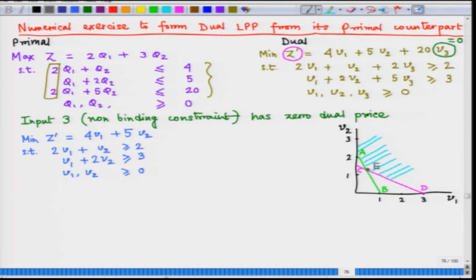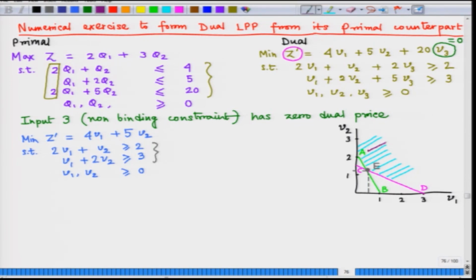Okay. So, let me see at this point E what would be the values of V1 and V2. So, in other words, what will be the solution to this dual LP problem?